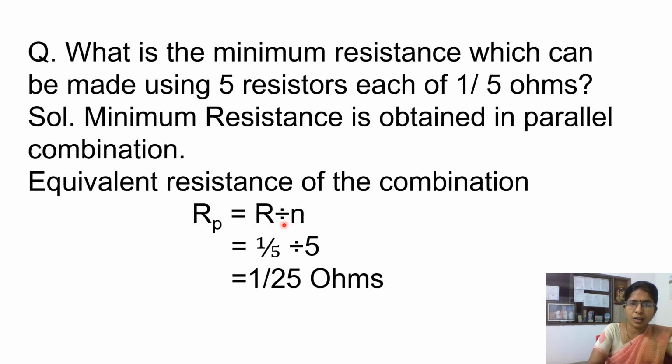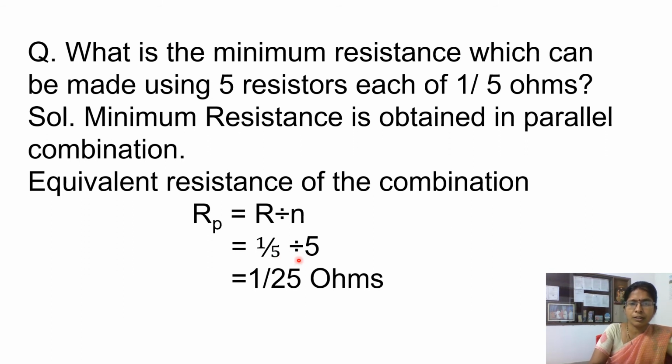What is the value of R? Each of them having 1 by 5 ohms is given already. So R is equal to 1 by 5 divided by N. How many resistors we have? 5 resistors. So divided by 5, which is equal to 1 by 5, and when you simplify two fractions it changes to 1 by 5 into 1 by 5.